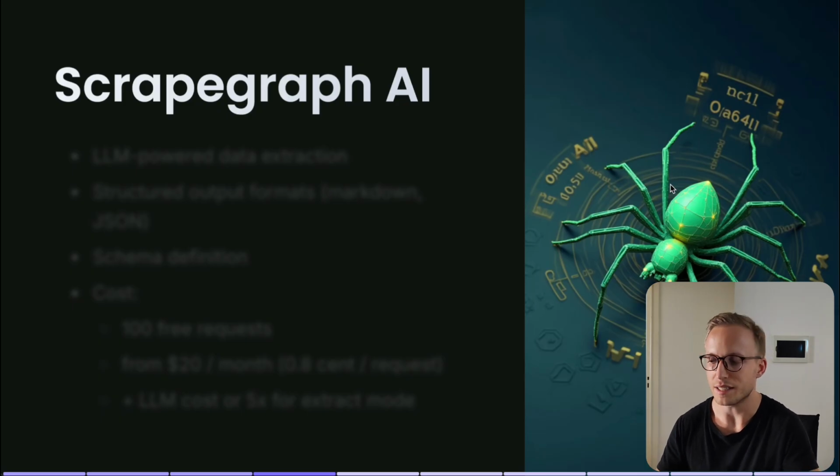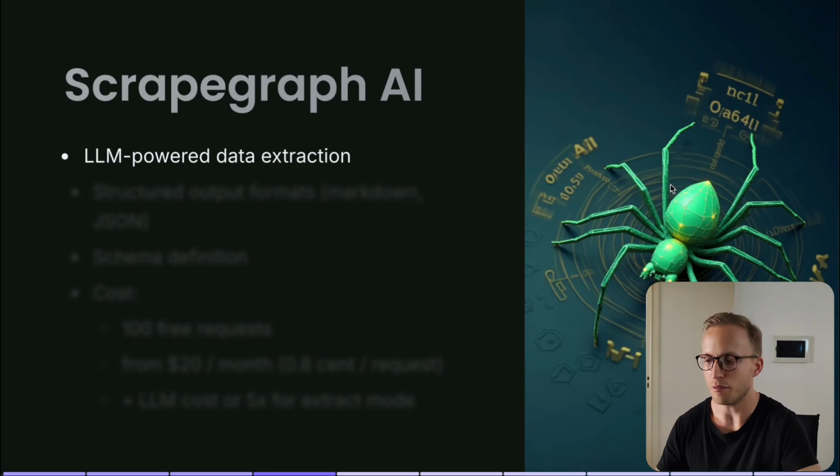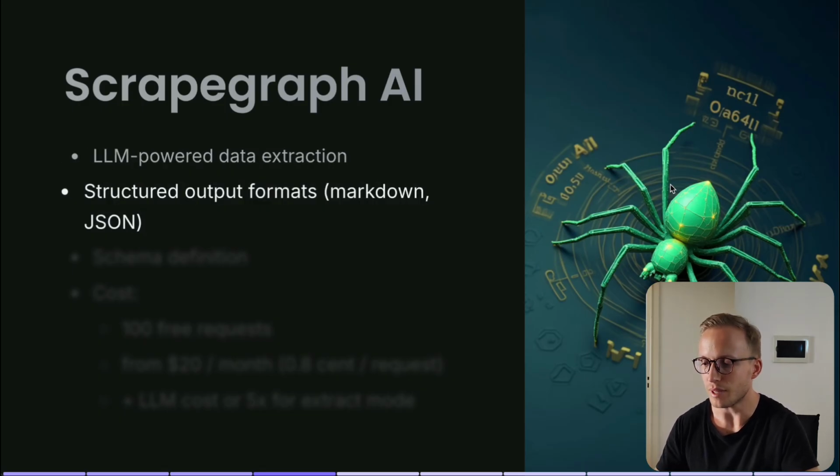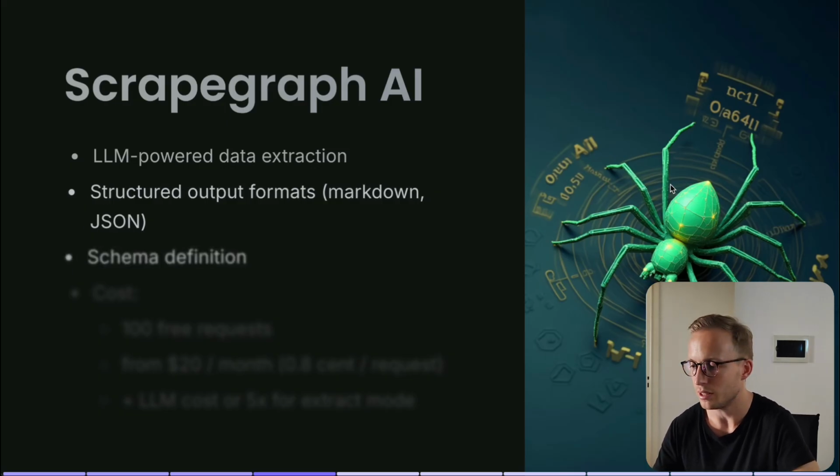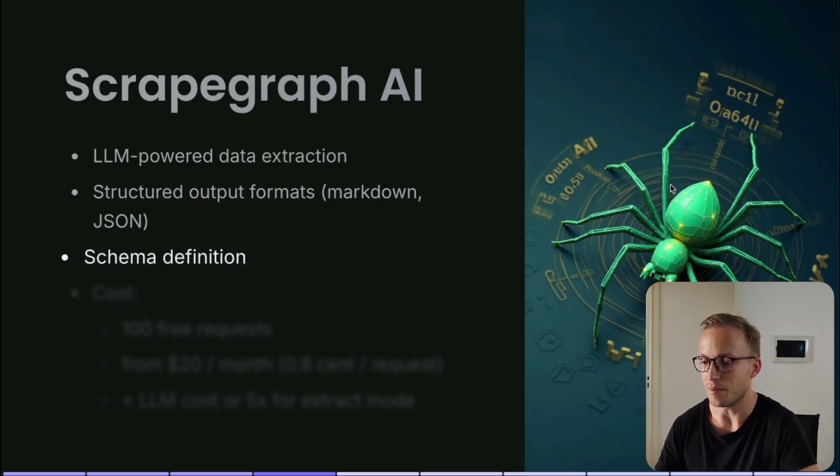So next on the list is a tool called Scrapegraph AI, and this tool also offers an extraction mode and structured output formats like Markdown and JSON, and also this kind of schema definition that we saw now in this extract mode with Firecrawl, but it works way better.